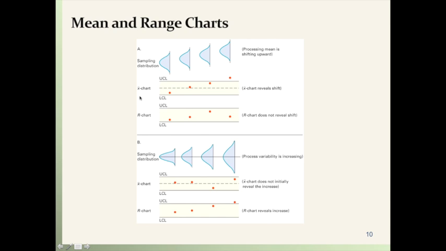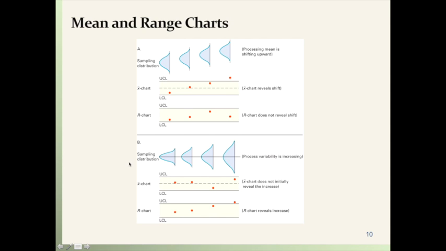So in this case, there's the X bar chart and the R chart. The X chart reveals this shift, but in this case, the R chart does not reveal the shift.